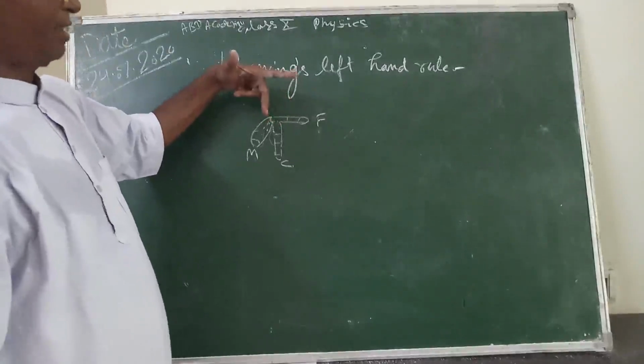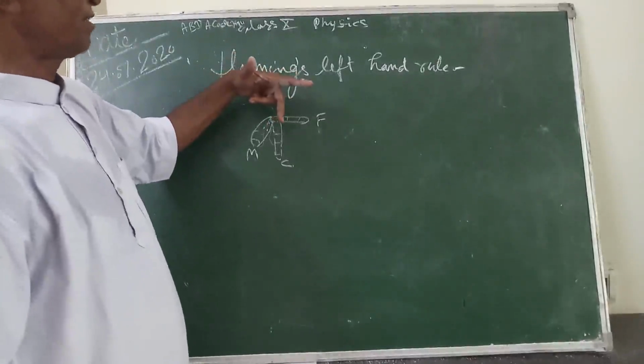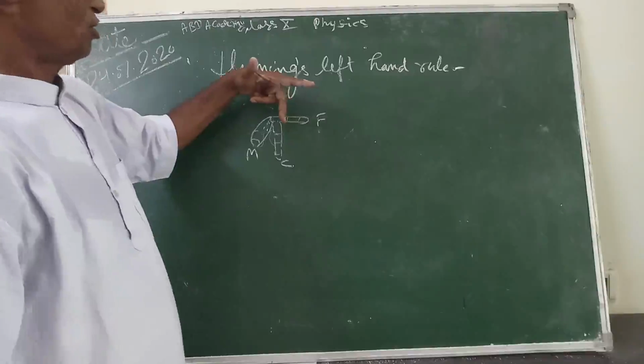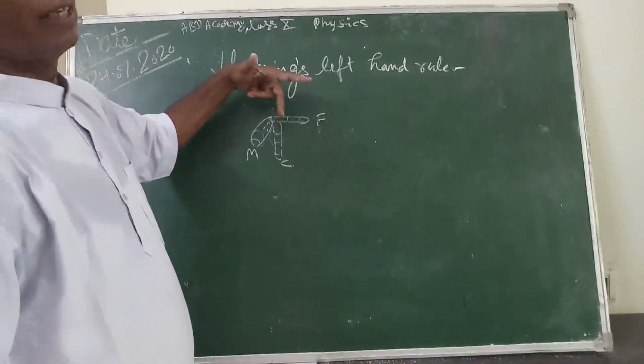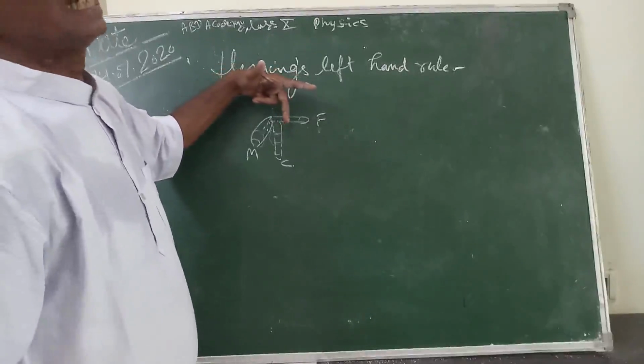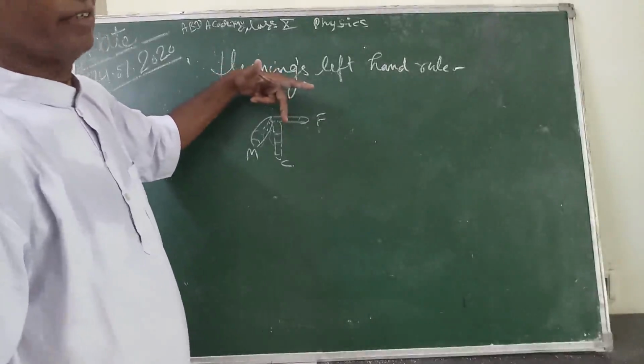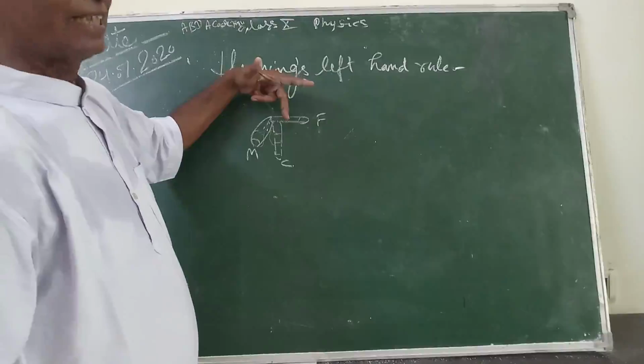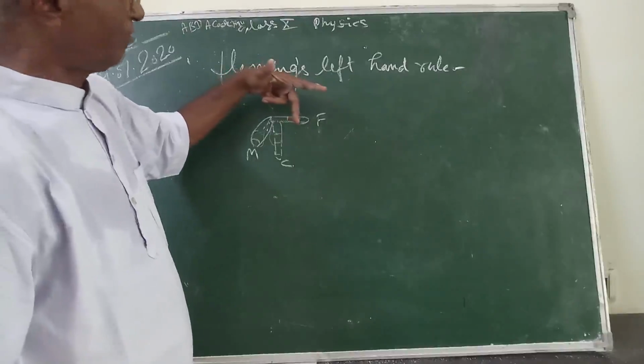So very important here, Fleming's left hand rule is to understand the direction of motion of a current carrying conductor in an electric and magnetic field.